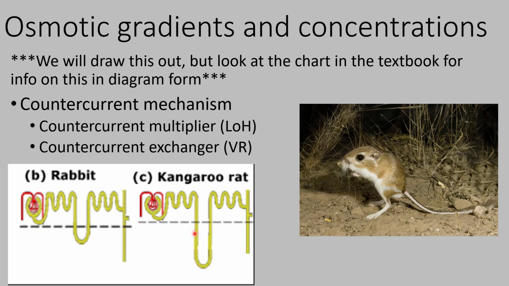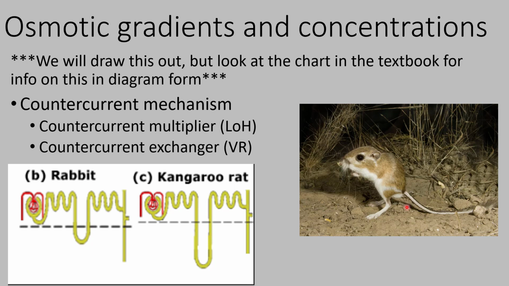And the deeper it goes into the medulla, when we do our drawing, we will see the deeper it goes into the medulla, the more water is reabsorbed. And the thing about kangaroo rats, when they urinate, their urine comes out in little crystals.